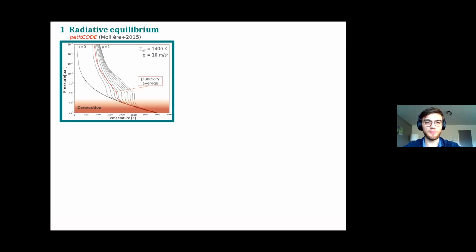We start by computing a radiative equilibrium. So this means the temperature that the planet would have if there was no atmospheric movement, basically. And this is done with a radiative transfer code. And then this radiative equilibrium, why do we compute it? We use it actually as a reference state for the climate code.